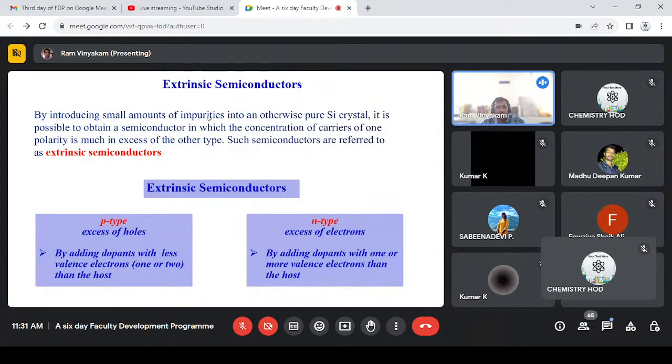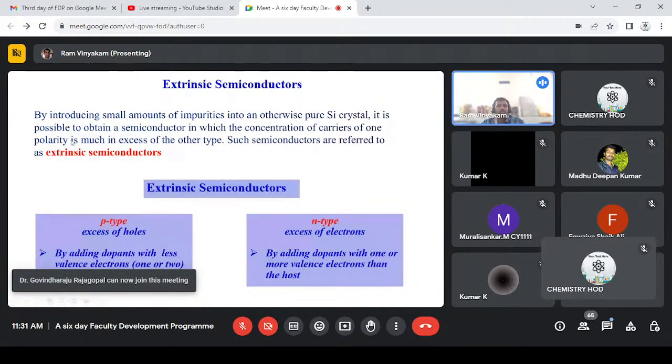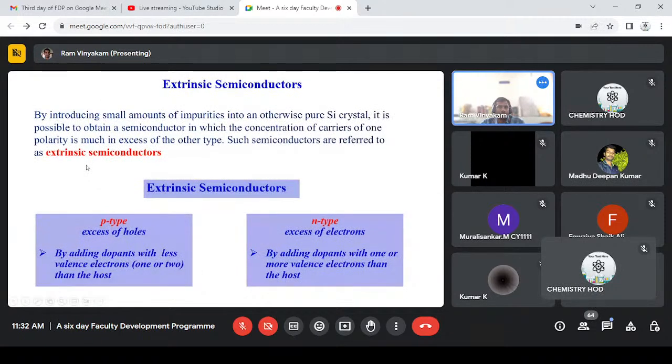What it does is change the polarity of the intrinsic behavior. In most cases, like elemental semiconductors, the native polarity will be negative, that is electron-rich.